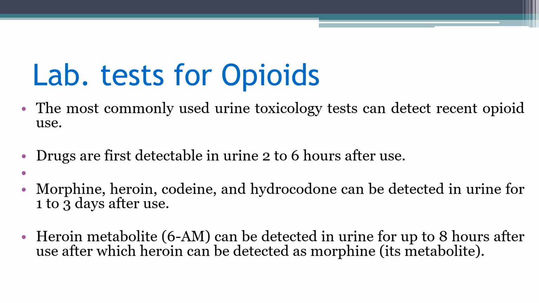For opioids, again, urine toxicology is important and it is detected in urine. The drugs are first detectable in urine from 2 to 6 hours after use, and morphine, heroin, codeine, and hydrocodone can be detected from 1 to 3 days, and its metabolite 6-AM can be detected in urine up to 8 hours after last use.